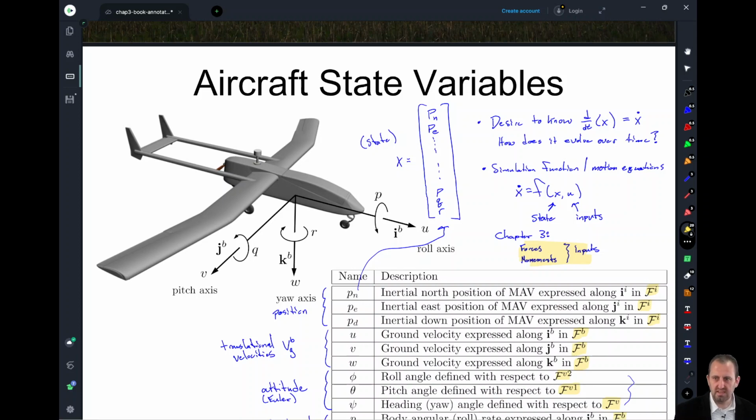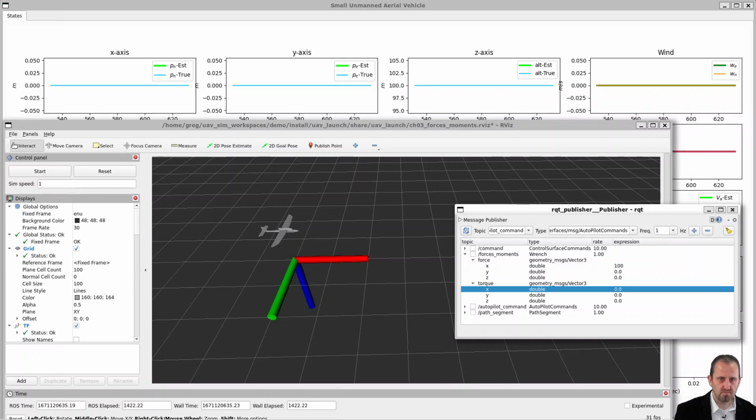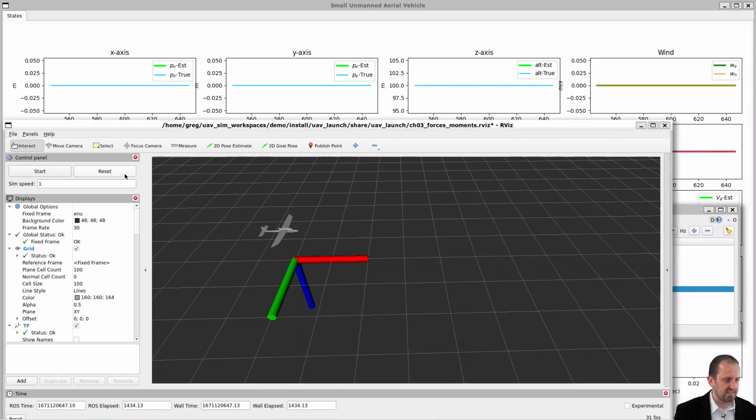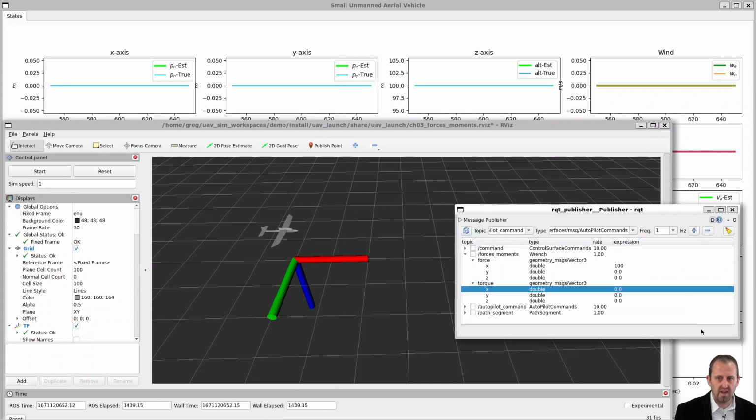Let's jump over and we can see this in simulation. Right here I have my aircraft pulled up. I have a simple control panel where I can reset it back to this state. Over here, I can decide what my forces and my moments will be, and these are defined in the body frame.